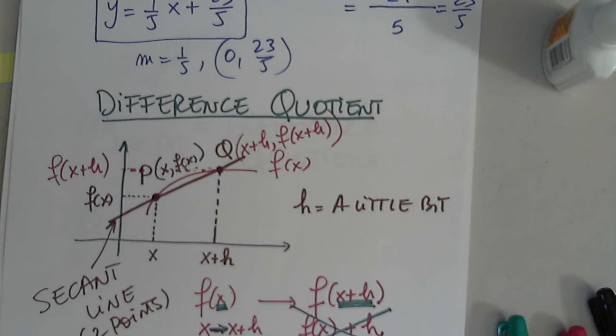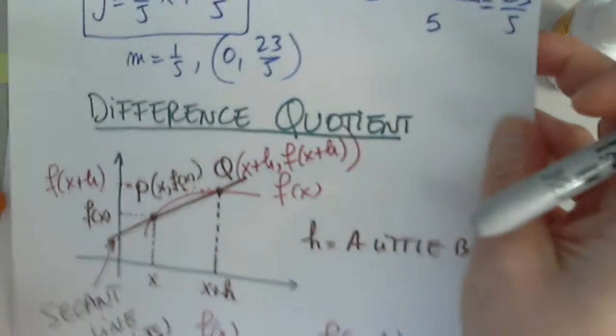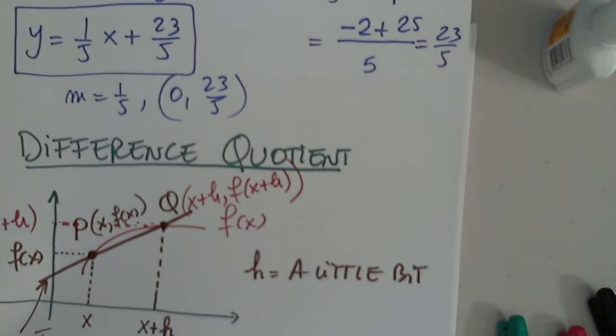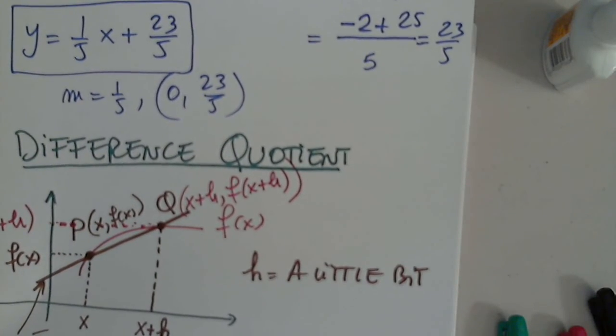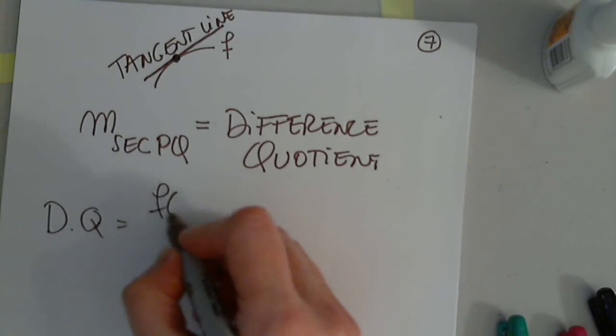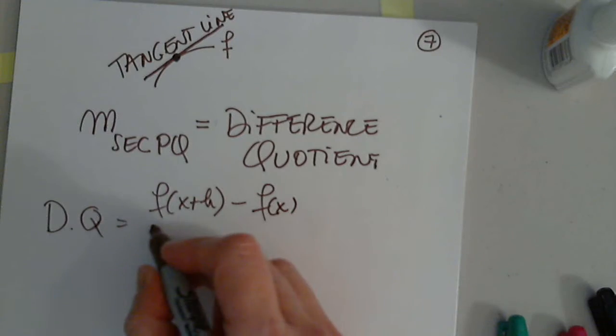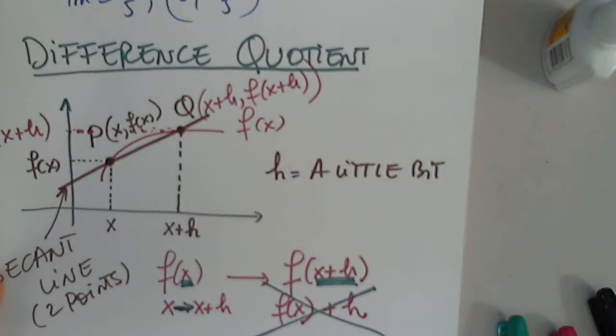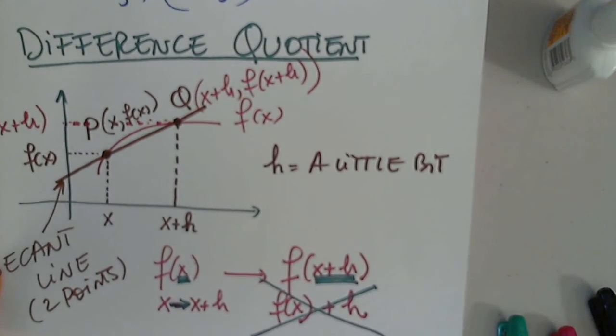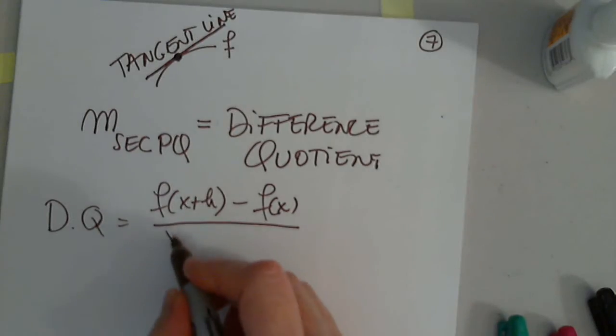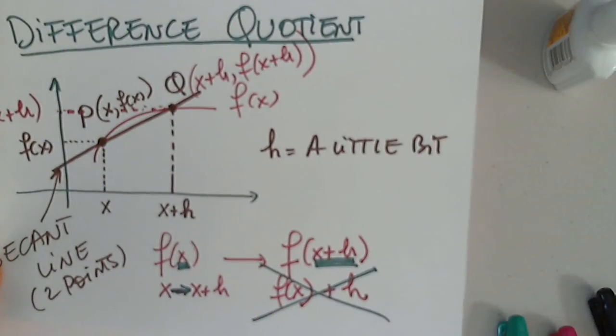It would be y2 minus y1. Correct. What is y2? Y2 would be Q. Q is a point. f of x plus h. Excellent. f of x plus h minus f of x. Excellent. Over x plus h minus x.